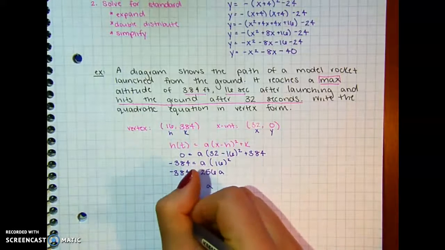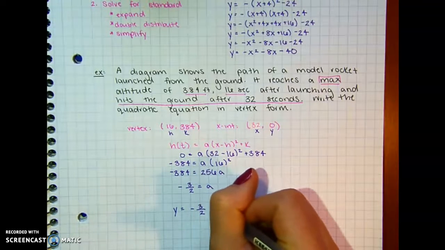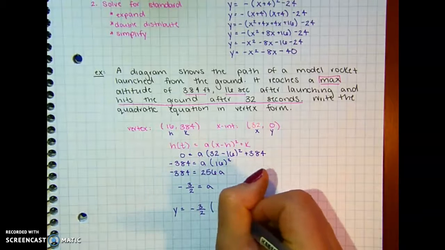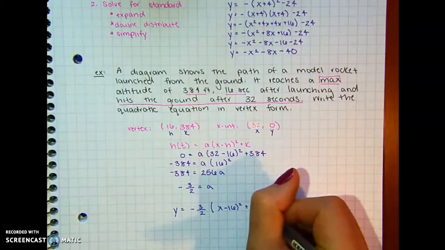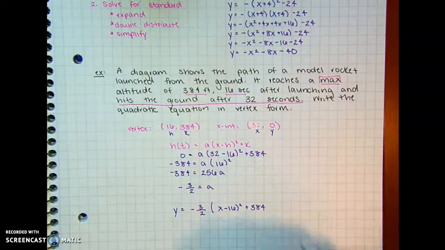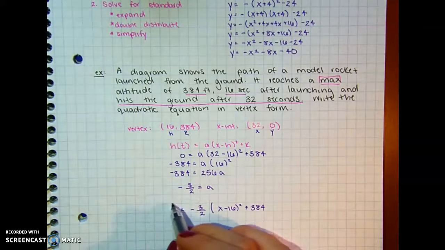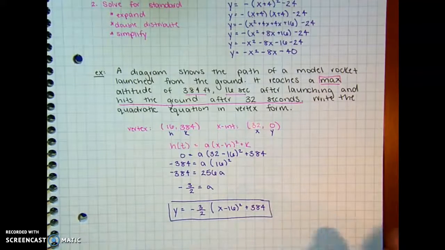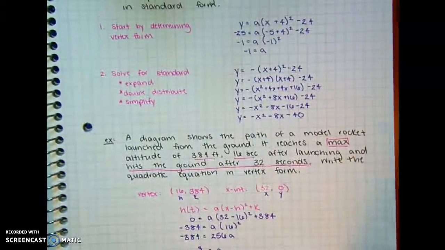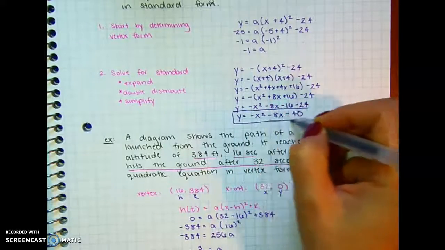And so my equation will be y equals negative 3/2 times (x minus 16) squared plus 384. That's it. And then that was our answer. Cool.